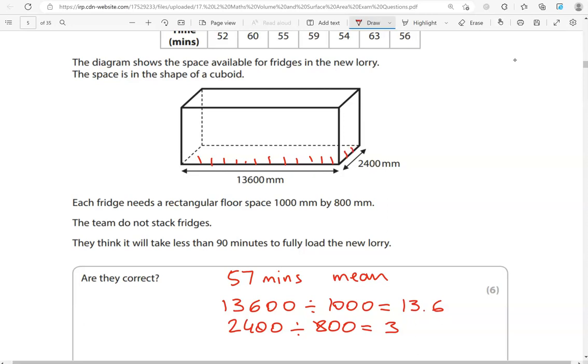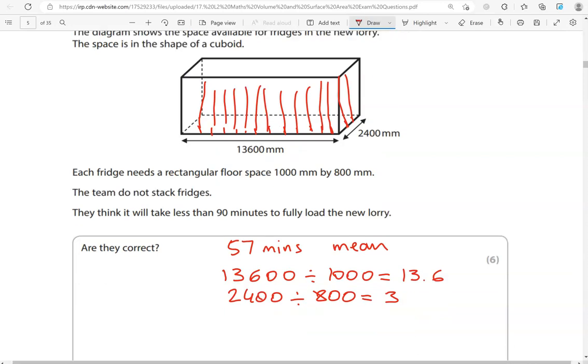So that's 3 of them. And they do not stack fridges, so that's it. So imagine this. So 3 rows of 13 each. So 3 times 13 is 39. So 39 fridges.